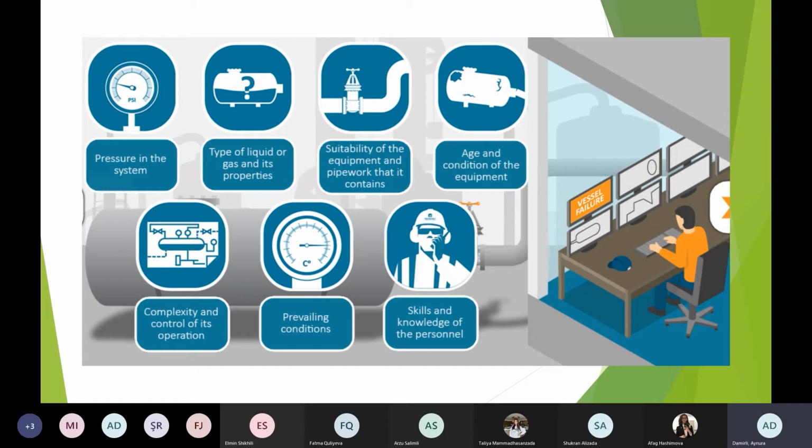At the beginning we don't have issues, we're okay with monitoring and controlling on site, but if it's more than 10 years in operation, we need much more proper controlling process and monitoring of equipment. Complexity and control of its operation.